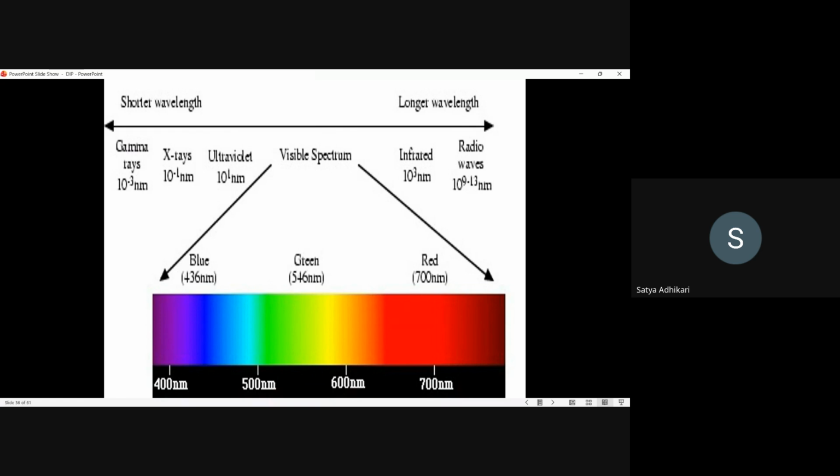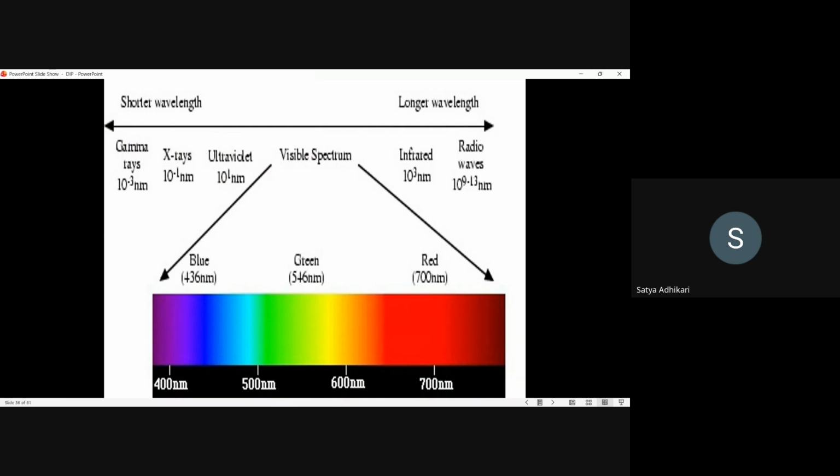are not visible. You cannot see radio waves, which have wavelengths of 10 to the power 9 to 13 nm. You cannot see infrared, which has a wavelength of 10 to the power 3, that is 1000 nm. We cannot view X-rays. We cannot view ultraviolet.